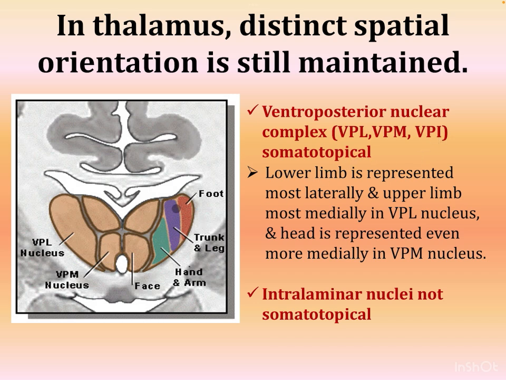Lower limb is represented more laterally and upper limb is represented most medially in the ventroposterolateral nucleus, while head is represented even more medially in the ventroposterior medial nucleus. Intralaminar nucleus, which is not shown in the diagram, the fibers are not somatotopical.